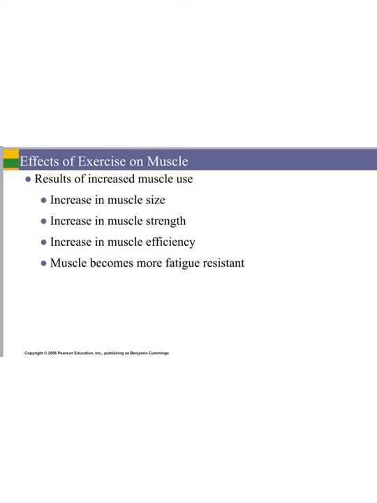If you're doing low reps with high weight, you're going to increase the muscle size, you're going to increase strength, you're going to increase muscle efficiency, and the efficiency and the resistance to fatigue is going to come more from aerobic training, so endurance training. So these two are the results more of endurance training, where these two results are more from strength training.